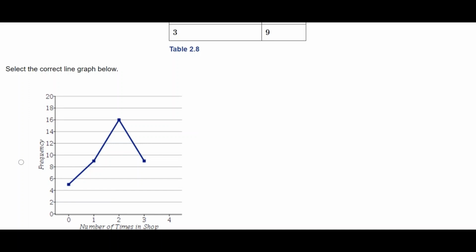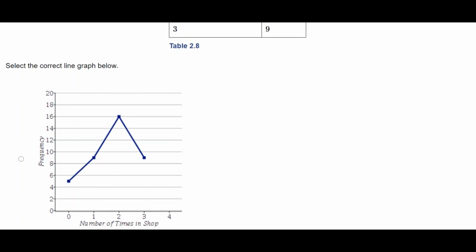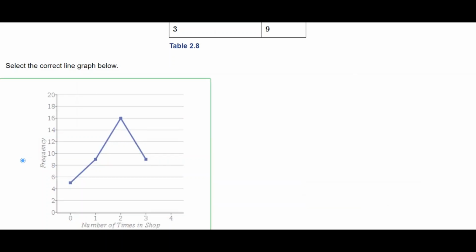So 2 goes with 16, yes, this is also correct, and 3 goes with 9. So this first graph looks correct to me, and since there is only one correct answer, I will pick it without going further and see how I did, and my answer is correct.